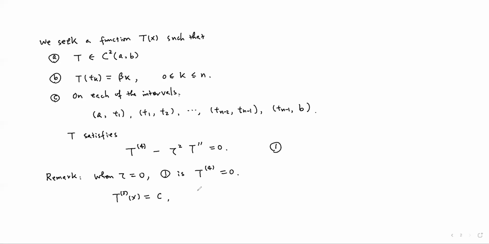Then take integral again, we get cx plus a second constant. Take integral again, 1/2 cx squared plus dx plus e. E is a constant. Then take integral again.